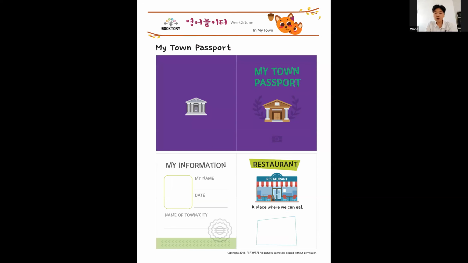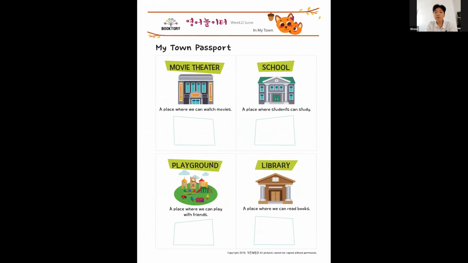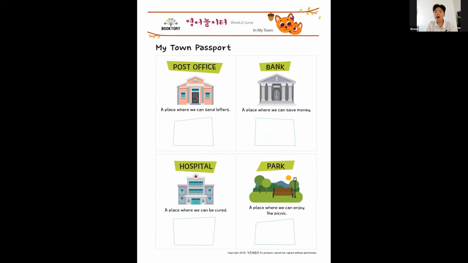And in this passport, there's a restaurant, a place where we can eat; a movie theater, a place where we can watch movies; school, a place where students can study; playground, a place where we can play with friends; library, a place where we can read books; post office, a place where we can send letters; a bank, a place where we can save money; a hospital, a place where we can be cured; and a park, a place where we can enjoy a picnic.